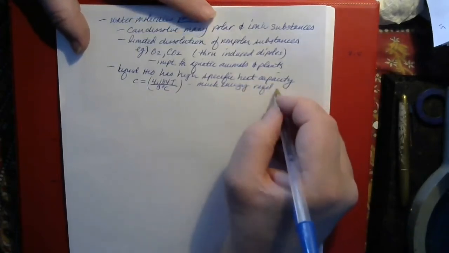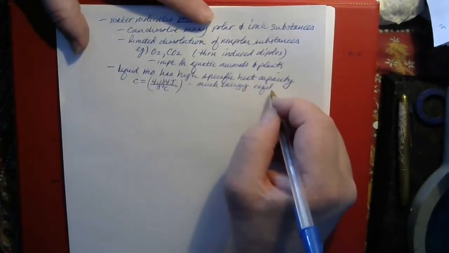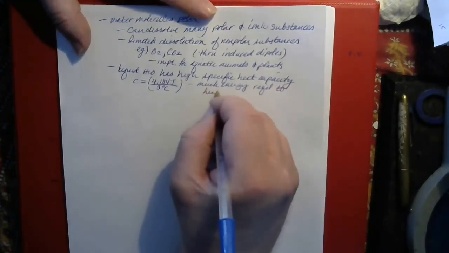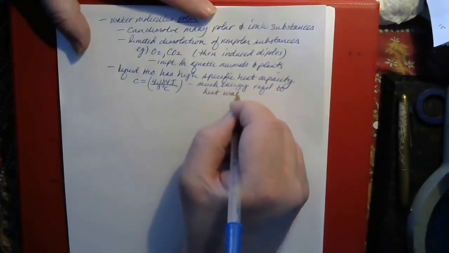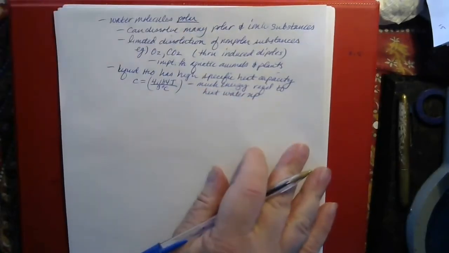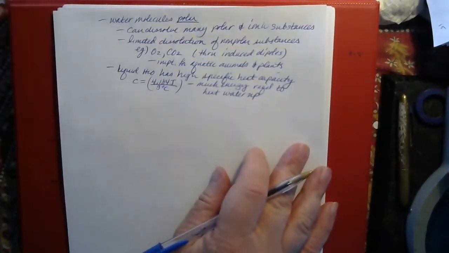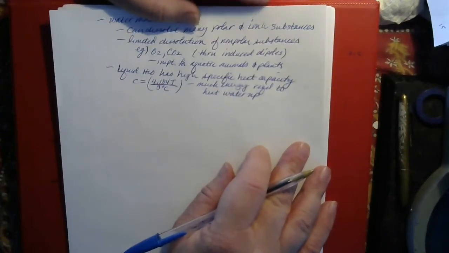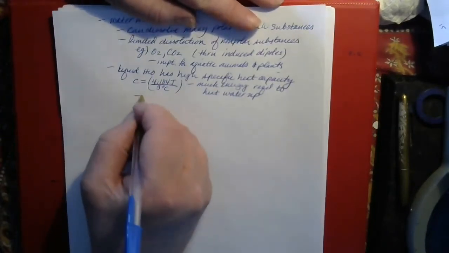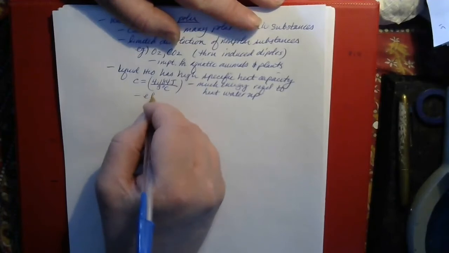And that means it takes a lot of energy to warm water up. And when water cools down, it gives off a lot of energy. And this is significant in a lot of ways. Water is very effective as a coolant.